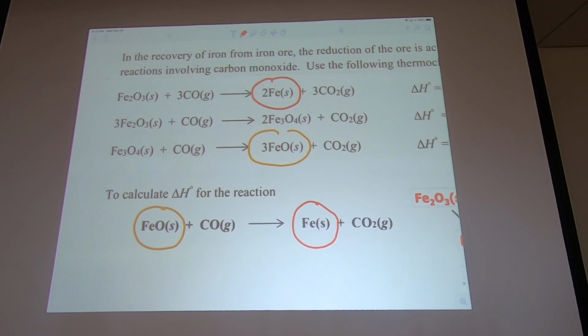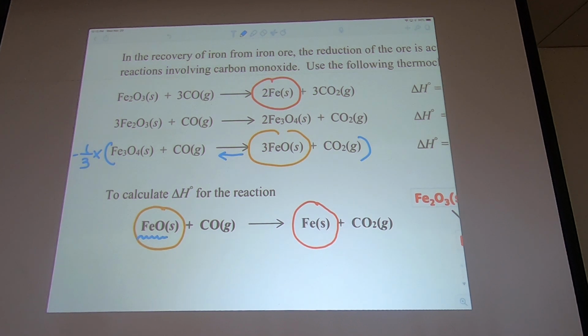So I want to go, and obviously I need to go backward. So this is the one I have to do. But I need to make sure I'm starting with 1 FeO, and this one has a 3. So what you need to do is multiply this one by 1/3. Knowing that that's a minus sign, you have to multiply by -1/3.